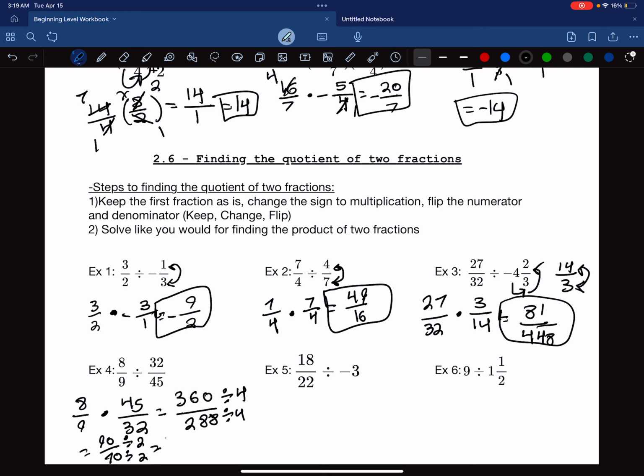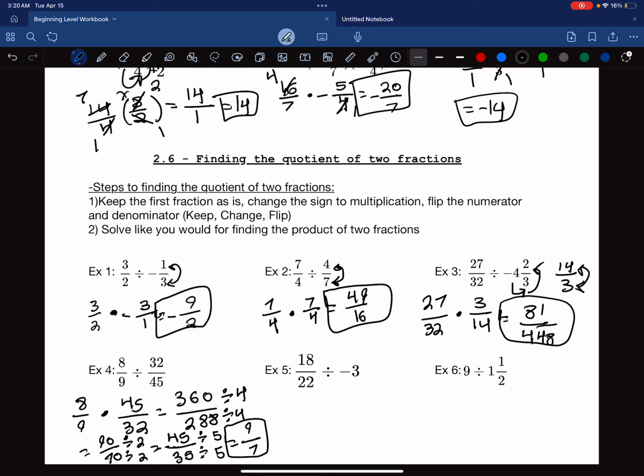So 90 divided by 2 is 45, and 72 divided by 2 is 36. From here, we can simplify more and divide both the numerator and denominator by 5. We got a lot of simplification in this one. 45 divided by 5 is 9, and 35 divided by 5 is 7. And this is it. We can't simplify anymore. So 9/7 is a reduced fraction.